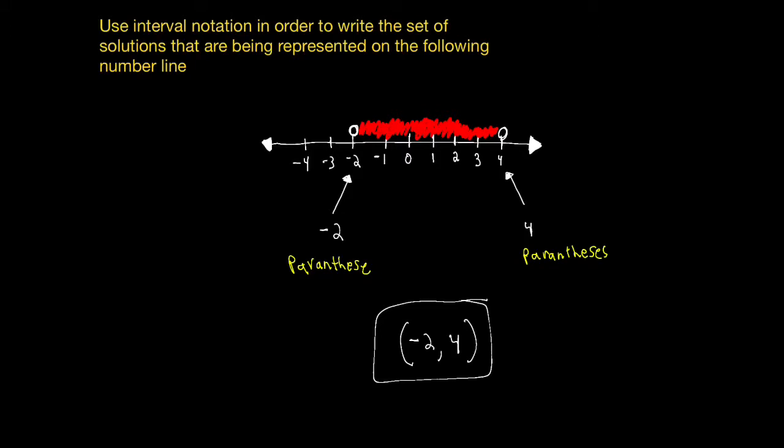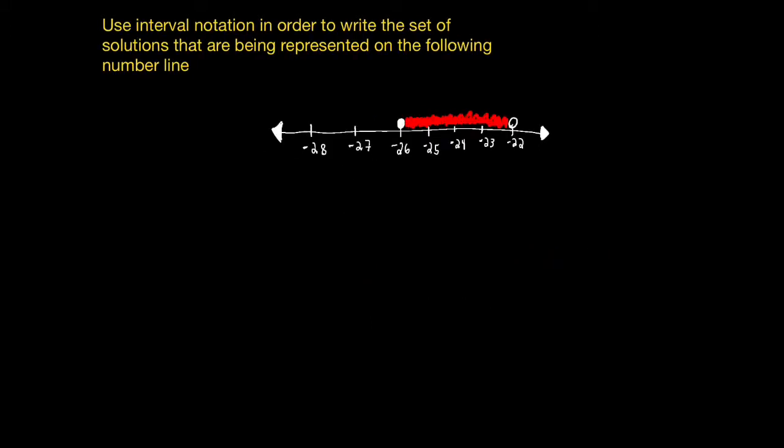Now let's look at one final one. So here, again, I'm going to look at my endpoints. So here I have a -26 with a closed circle. And here I have a -22 as my other endpoint with an open circle. So now my interval is going to be from -26, comma, to -22.